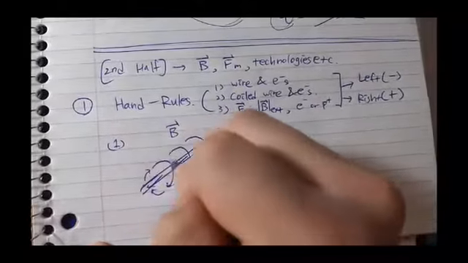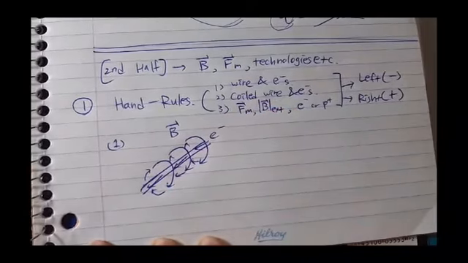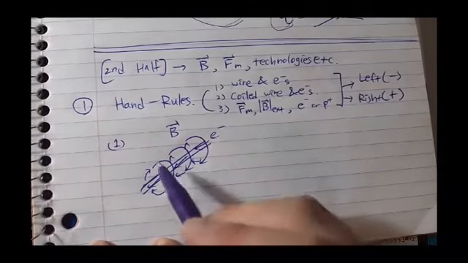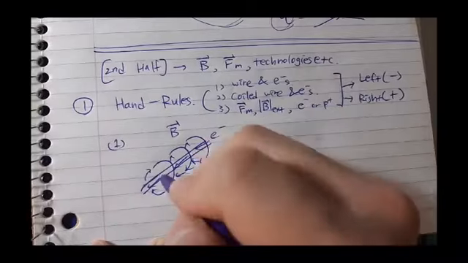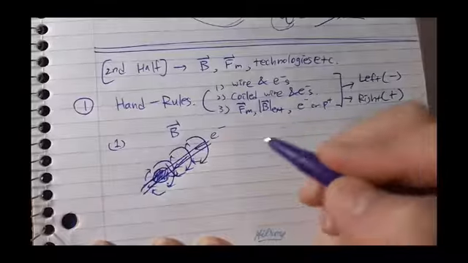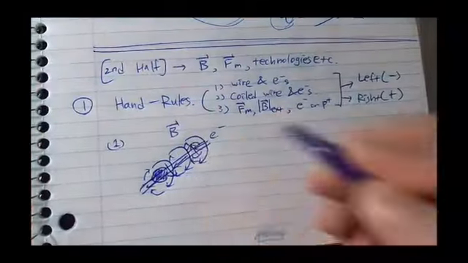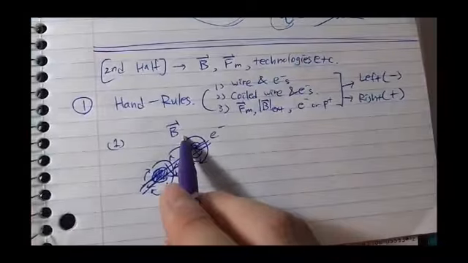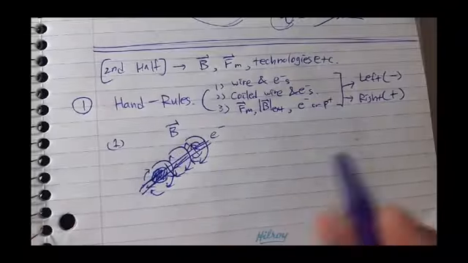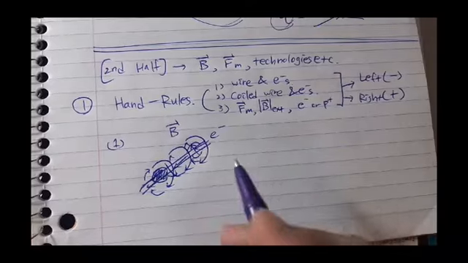And that is my rule number 1. It is the start of the 3-dimension situation and depends on where you put the compass. If the compass is right above, then you know north will point this way because my forefinger will curve towards that. If it's below, then it should go the other way. It's curling and coming back, so north will point that direction if it's underneath this wire. So have that in your mind.